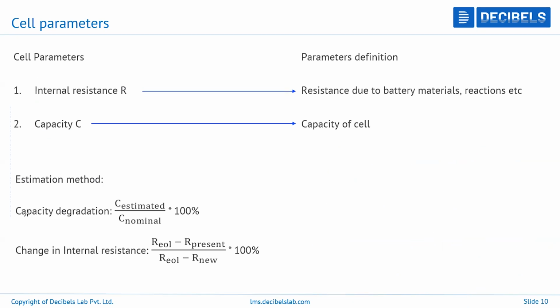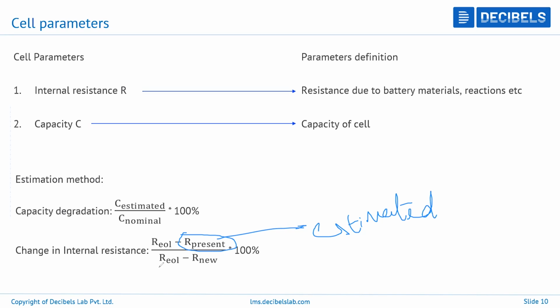So what is the estimation method that we can see over here? Capacity degradation method and change in internal resistance method. Your capacity degradation is always taken as a ratio between your current estimated capacity over nominal capacity, and change in internal resistance is defined as the ratio of change in resistance between the end of life resistance and present resistance. Present resistance is your estimated value, right?